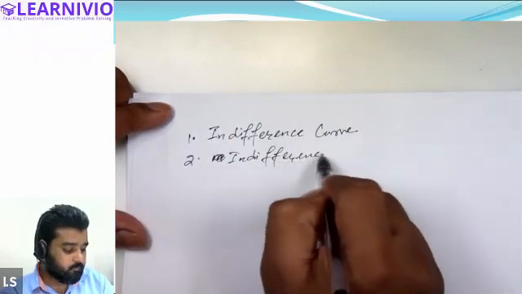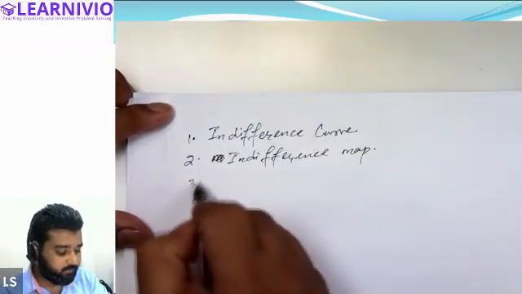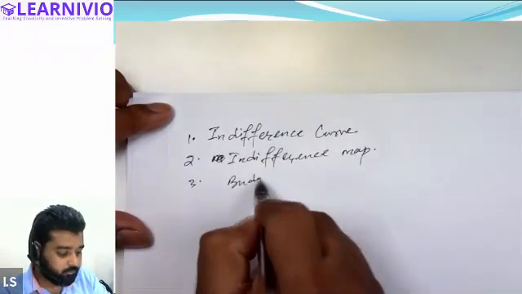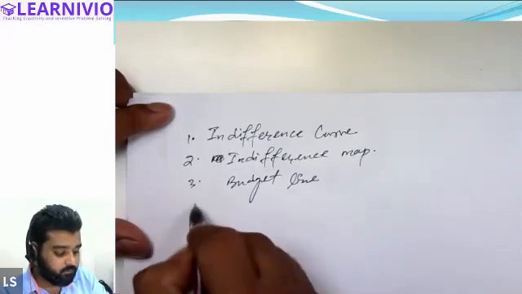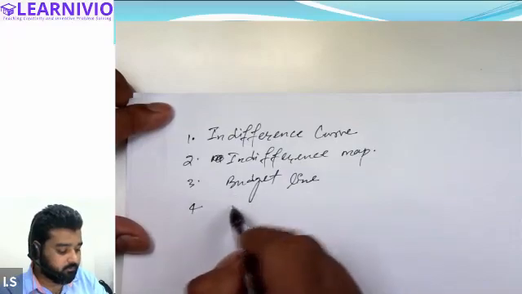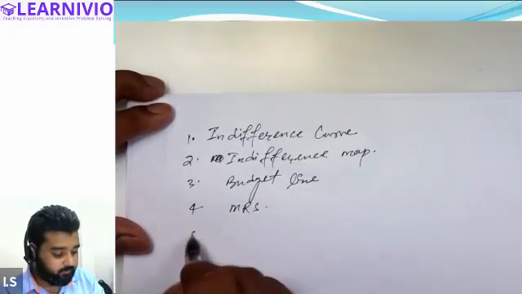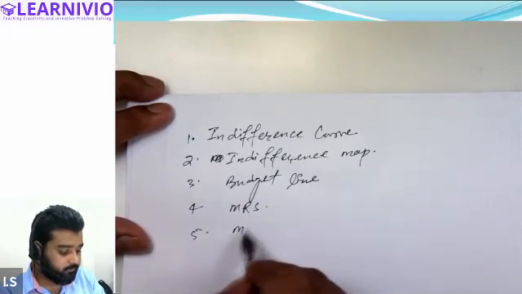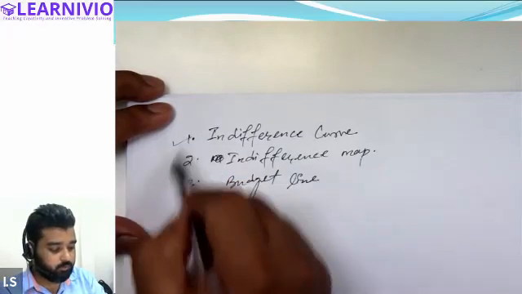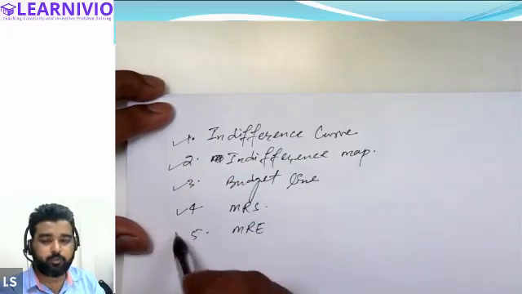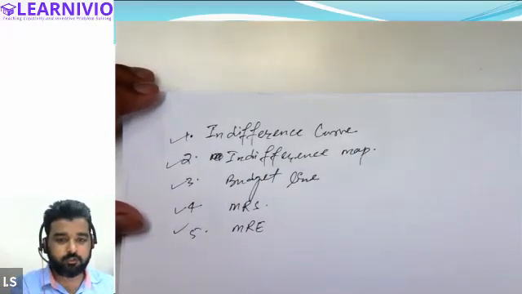Then we must understand what is a budget line. What is a budget line? All right. And after this, we'll have to cover marginal rate of substitution, which is called MRS. And after this, there is a concept known as MRE, marginal rate of exchange. So in order to understand the concept of equilibrium through the indifference curve approach, we need to first understand these concepts.